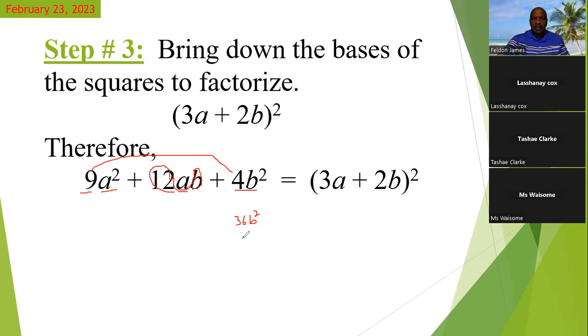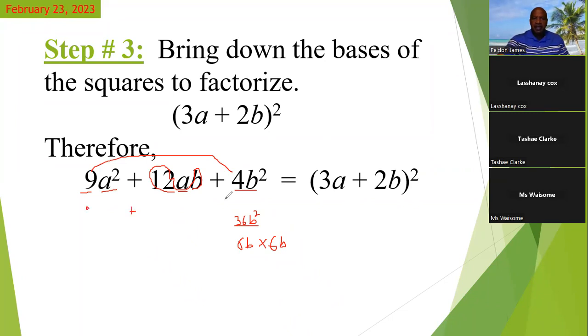Now, so we could write this as 6b times 6b. So you see, when we multiply 6b times 6b, we get 36b squared. But when we add them, what would we get? 12.